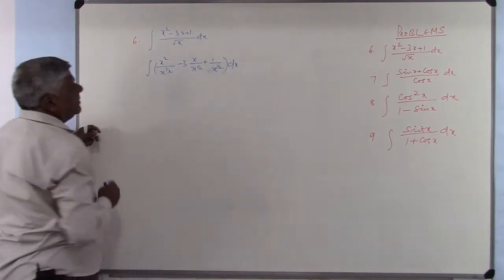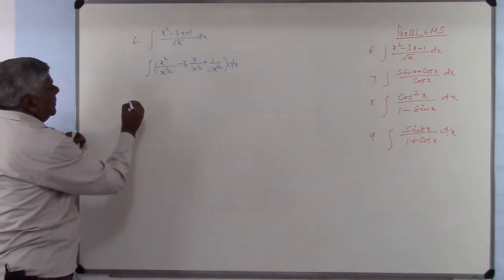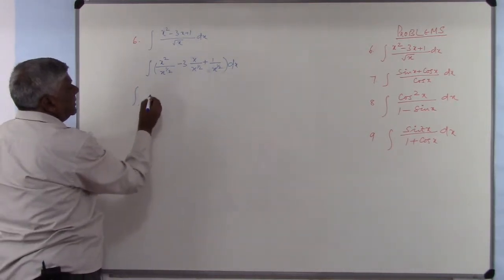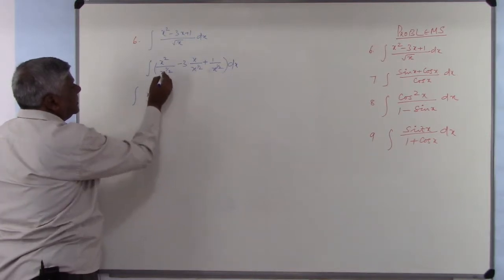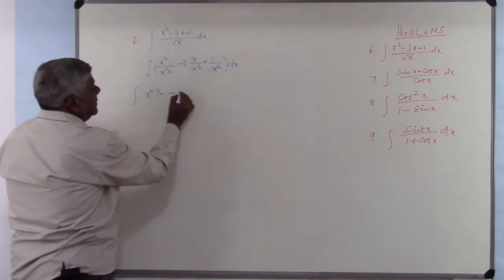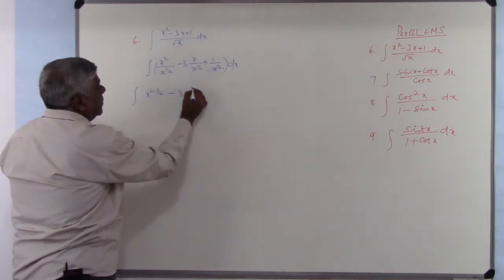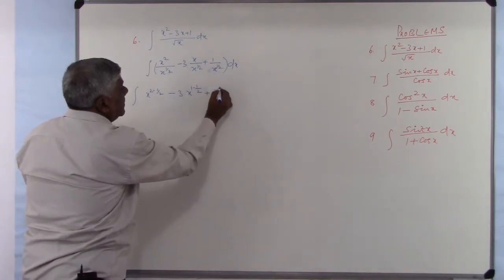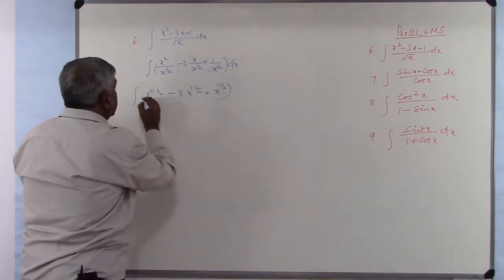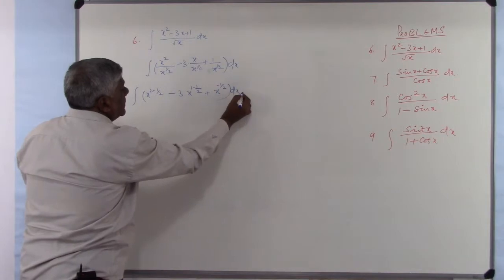Now, integral of x to the power of 2 minus half, minus 3 into x to the power of 1 minus half, plus x to the power of minus half into dx.